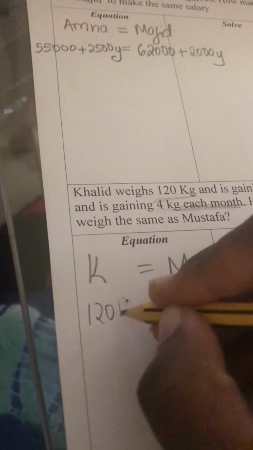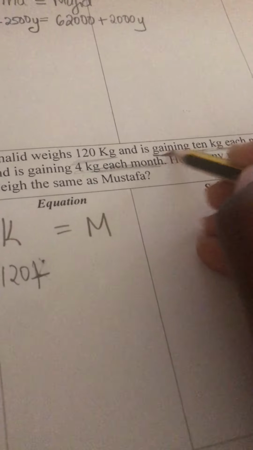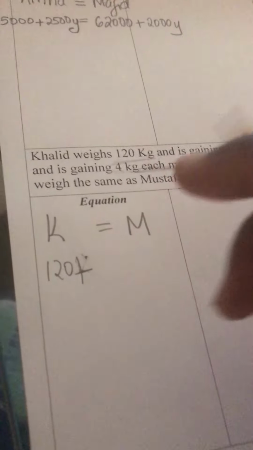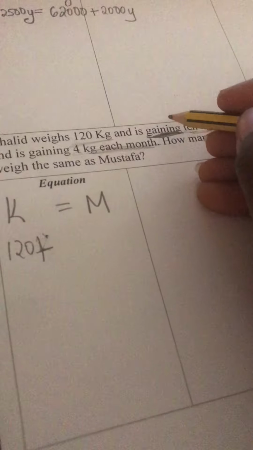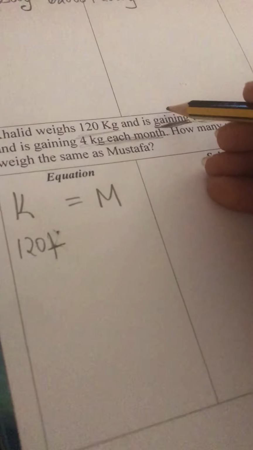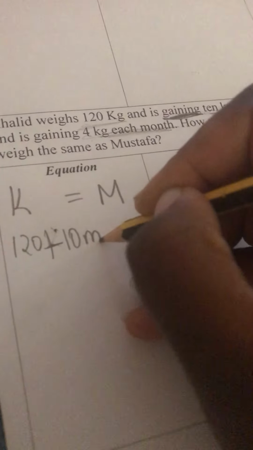Then I take Khalid's numbers. 120 kg. I don't need to write the unit here first. So 120 kg plus, how did I know it is plus? Gaining. Gaining is plus. Gain, gaining, gained, all these are plus. So plus who? 10. 10 was written in words, so 10M.